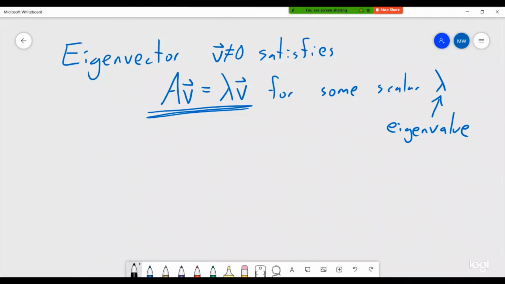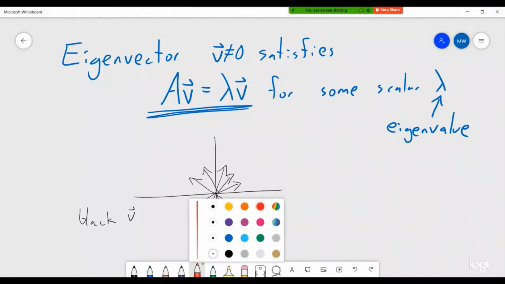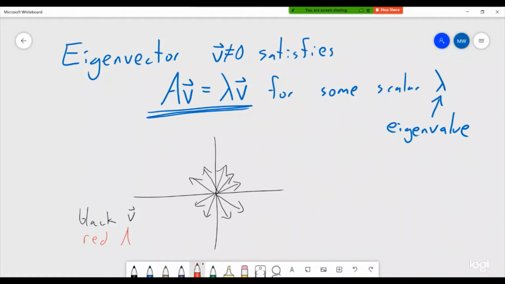For example, if these black vectors are our original vectors v, so let's just draw a few of these, and the red vectors are going to be A times v.